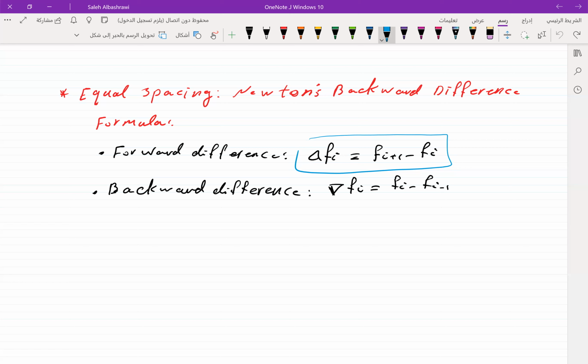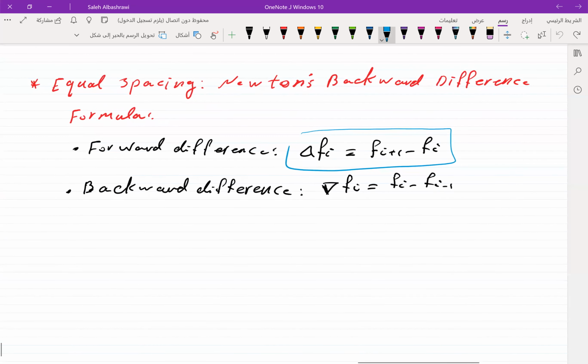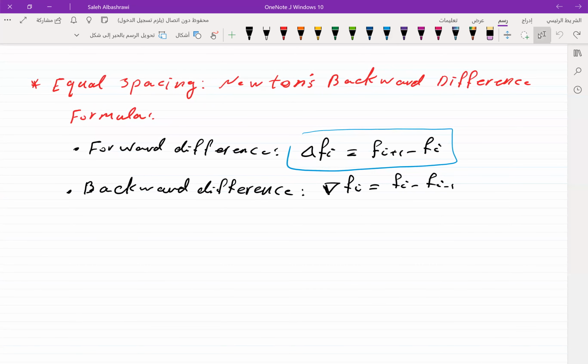For the backward, it is the current one minus the one before. So the backward difference is given by this one, f of i minus f of i minus 1. And from this one, we can write the general form for the backward difference.